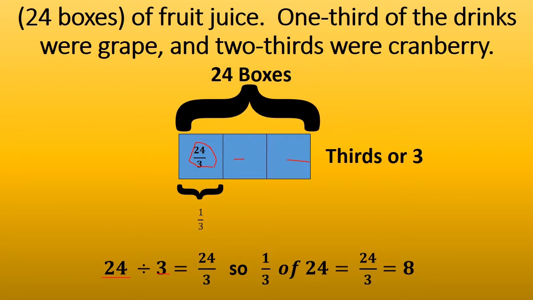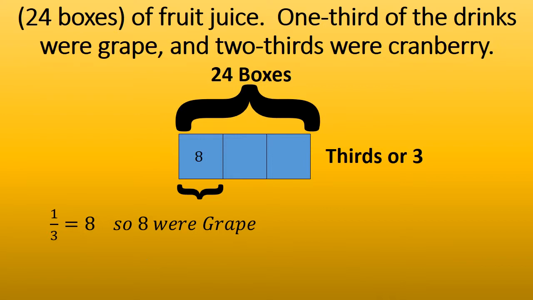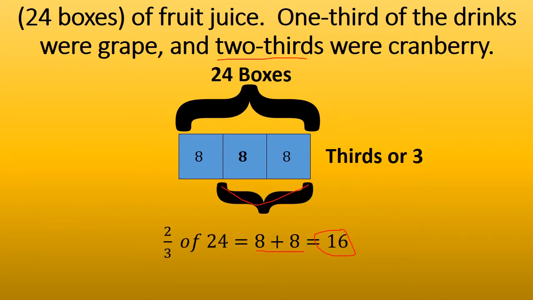So we know this one unit right here is equal to 24 thirds. That means that these other two units are also equal to 24 thirds, which is an improper fraction, and when we convert it, it is equal to 8. Now that we know that that 1/3 was 8, we know that that third was grape. So there were 8 grape juices bought.